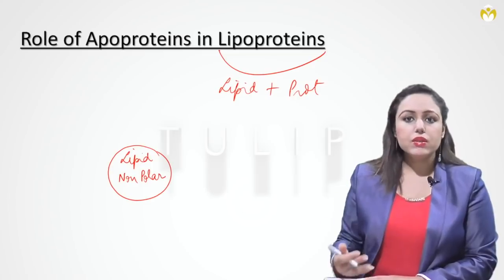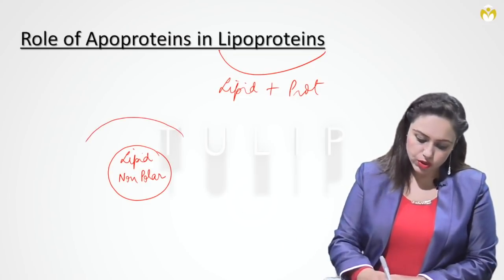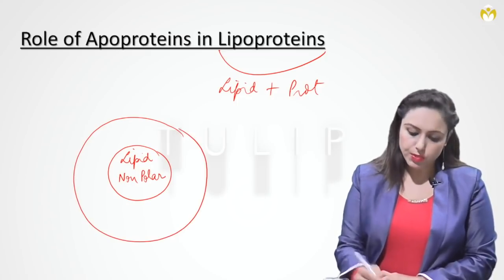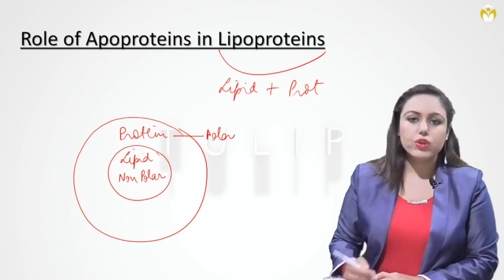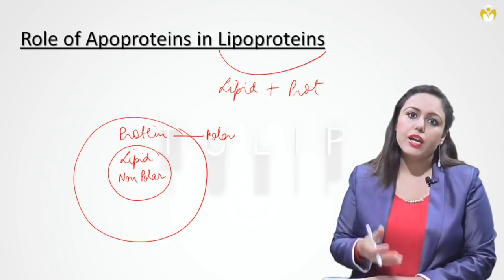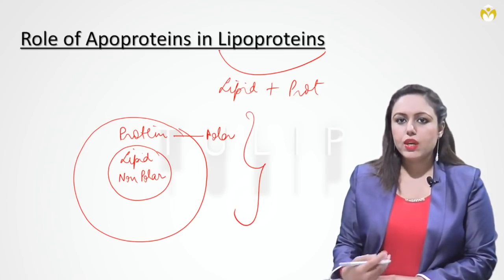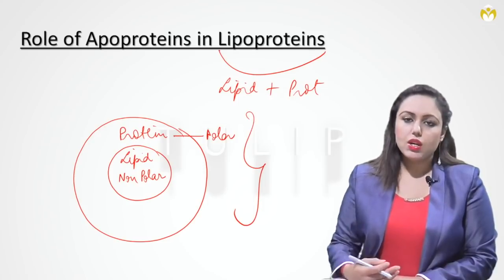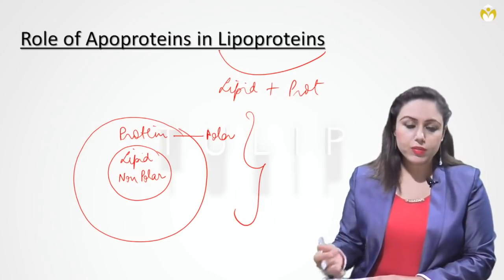So for making them suitable to be transported in the polar blood, what will the body do? The body will synthesize a periphery made up of protein. Protein is polar, you can say hydrophilic. So a hydrophilic periphery and a hydrophobic core. This kind of structure is known as lipoprotein, for example HDL, LDL, VLDL. So they transport lipids from one place of the body to another place, right?